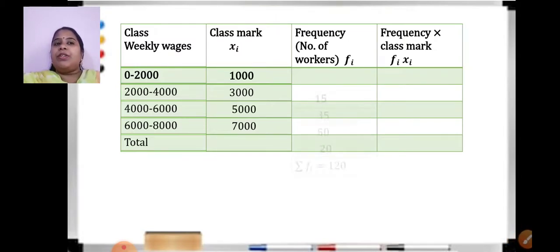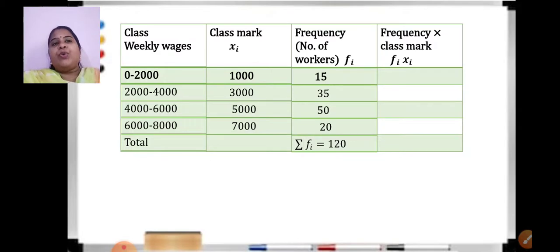Now frequencies are given to us. Take the total of it, that is summation of fi, as we might require it in the formula. When you add all these frequencies, the total comes to 120. Now the last column, fi into xi: 15 into 1000, 35 into 3000, 50 into 5000, 20 into 7000.